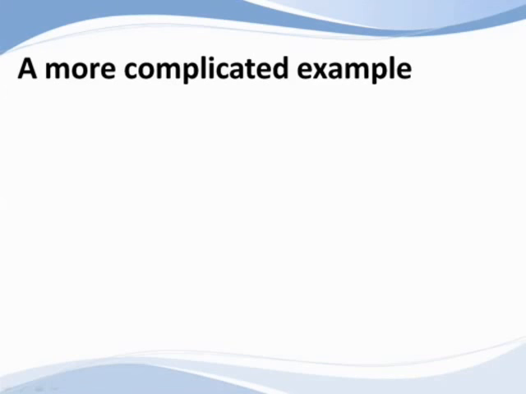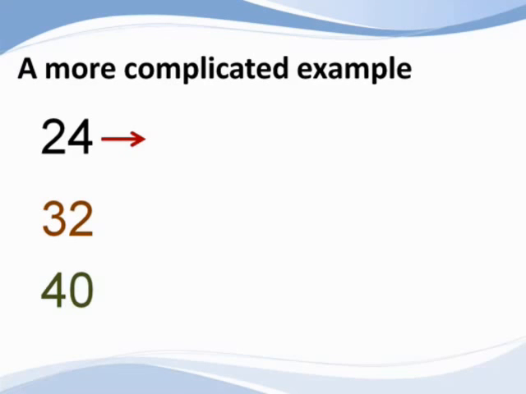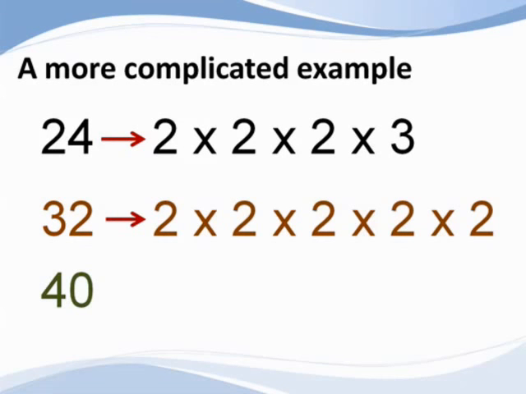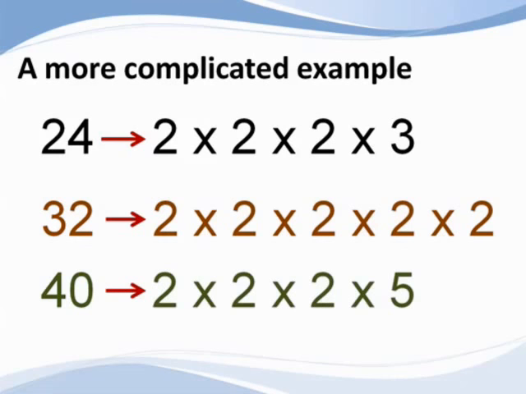So what do we have? 24 is equal to 2 times 2 times 2 times 3. 32 is equal to 2 times 2 times 2 times 2 times 2. 40 is equal to 2 times 2 times 2 times 5.